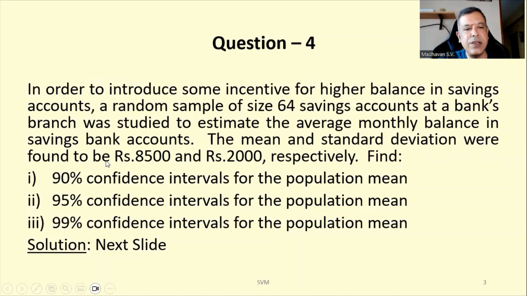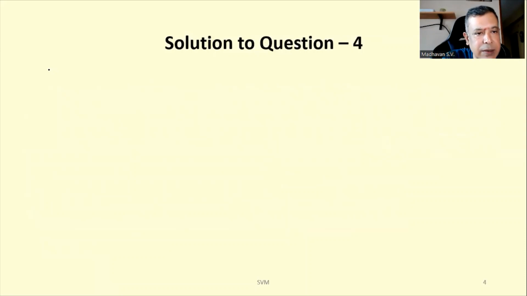Mean and standard deviation were found to be 8,500 and 2,000 respectively. Then we need to find the confidence intervals for different levels: 90%, 95%, and 99%. Let us solve it in the next slide. First of all, n is given as 64, the sample size.